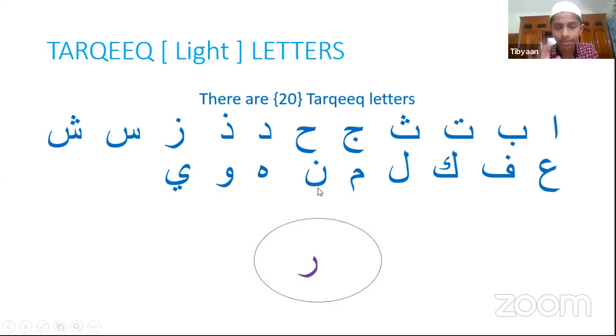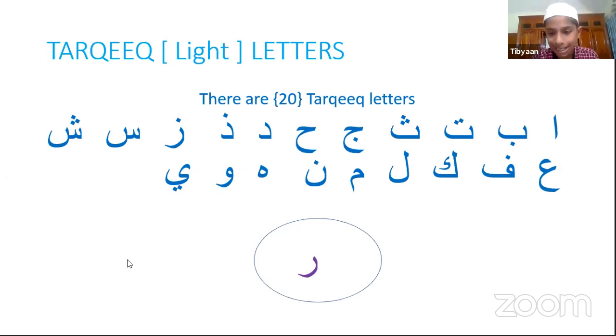We are going to continue these tafkhim and tarqiq letters next week as well. So I'll say the topic for next week. Next week on Thursday, we are going to learn about raw. What is raw and why does it not come under tarqiq or tafkhim? Actually, it is both tafkhim and tarqiq.